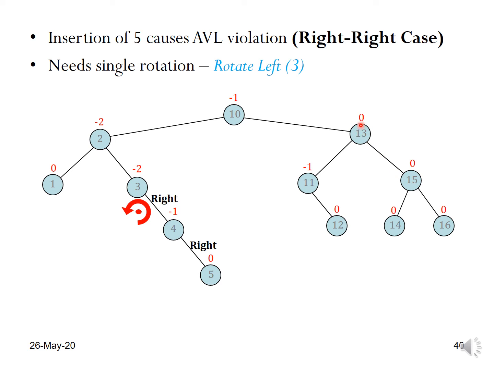The balance factor of 13 will be 1, 2 minus 2, which is 0, and the balance factor of this 2 will be 1 minus 3, which is minus 2, because the height of the left subtree is 1 and the height of the right subtree is 3.